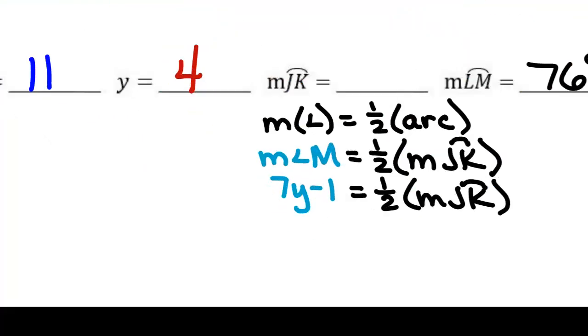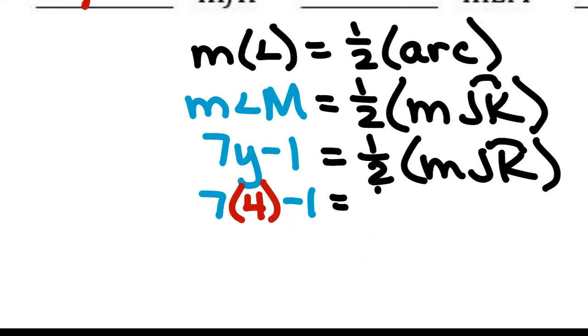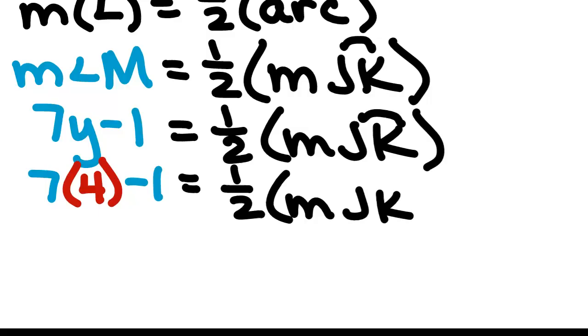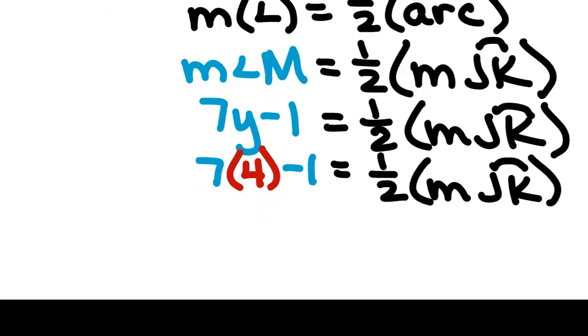How big was y again? So I have 7 times 4 minus 1. What is 7 times 4? 28 minus 1? 27.